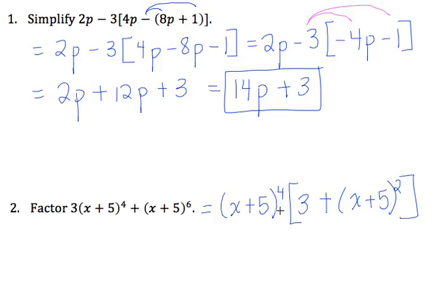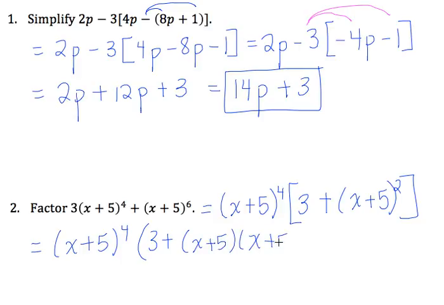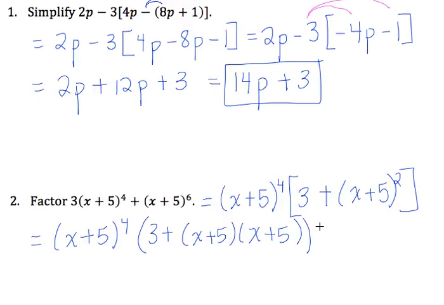Right there. Now you could stop there, but it makes sense actually to keep going because we might be able to factor this further. So I'm going to copy along the x plus 5 to the 4th, and then here I'll just write parentheses 3 plus, if we have x plus 5 squared, that means x plus 5 times x plus 5. So we can FOIL that.